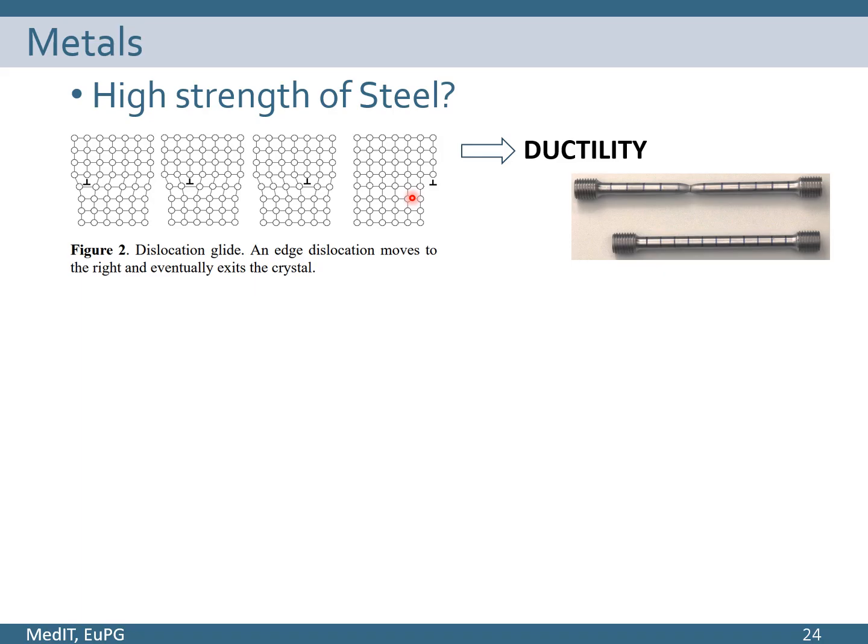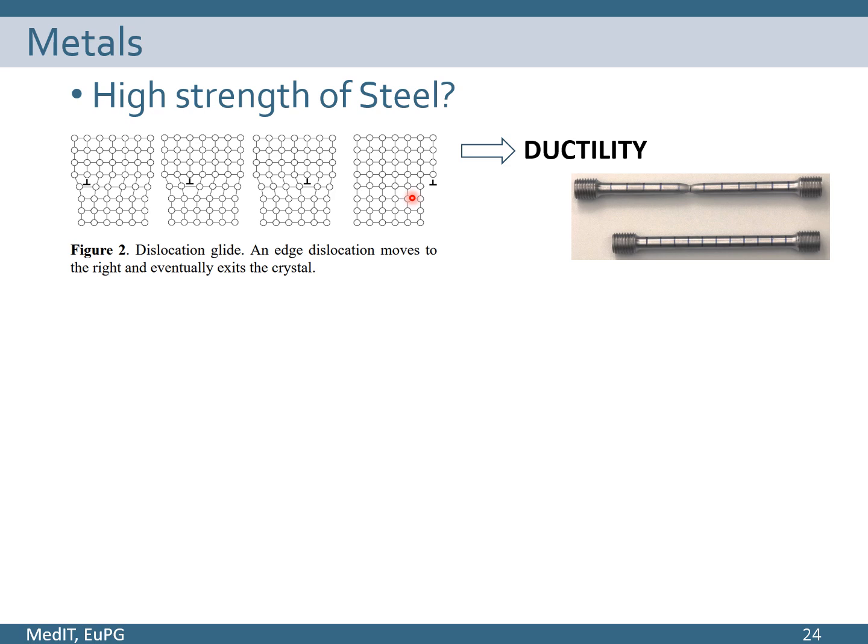Okay, so actually what happens when you pull on a piece of metal, okay, you deform it, right? But you are not pulling the atoms apart from each other. What you're actually doing is you are making dislocations, billions upon billions of dislocations, move, okay, from one side to other sides.